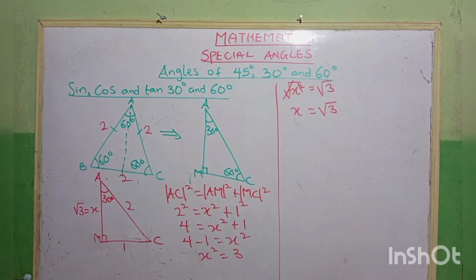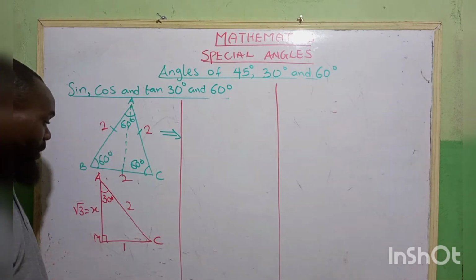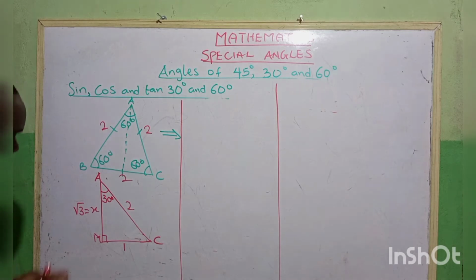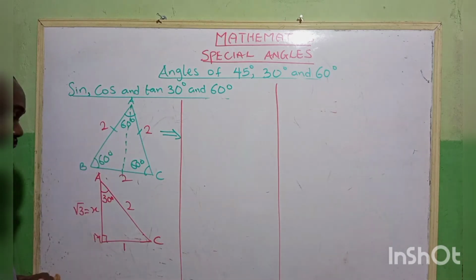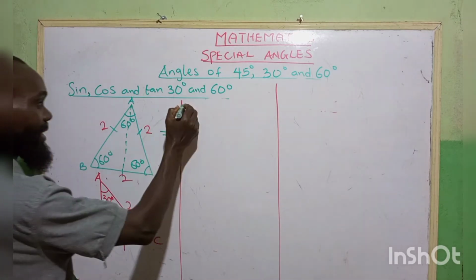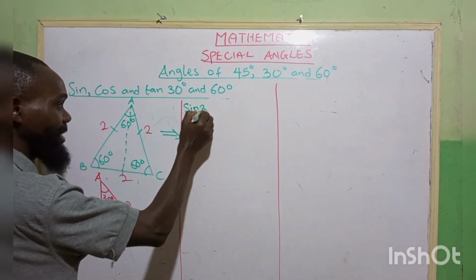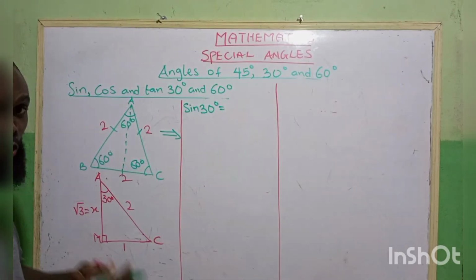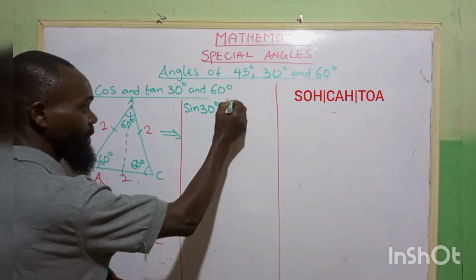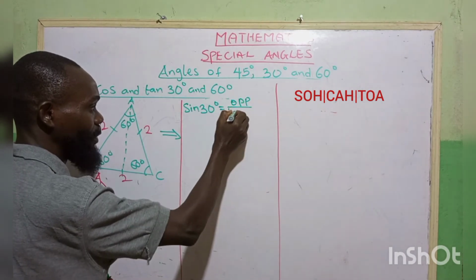Now, I want to prove sin 30 degrees, cos 30 degrees, and tan 30 degrees. To prove this, using this triangle that we brought out from the equilateral triangle, sin 30 degrees, according to our SOHCAHTOA, if you could recall, sine means opposite over hypotenuse.